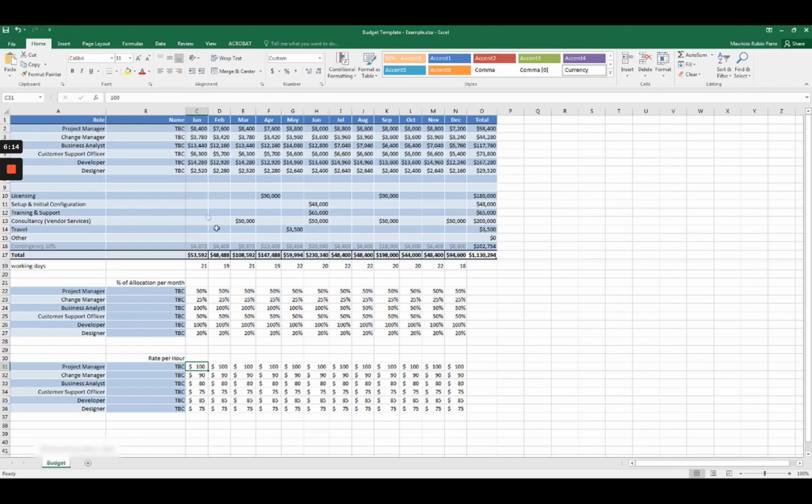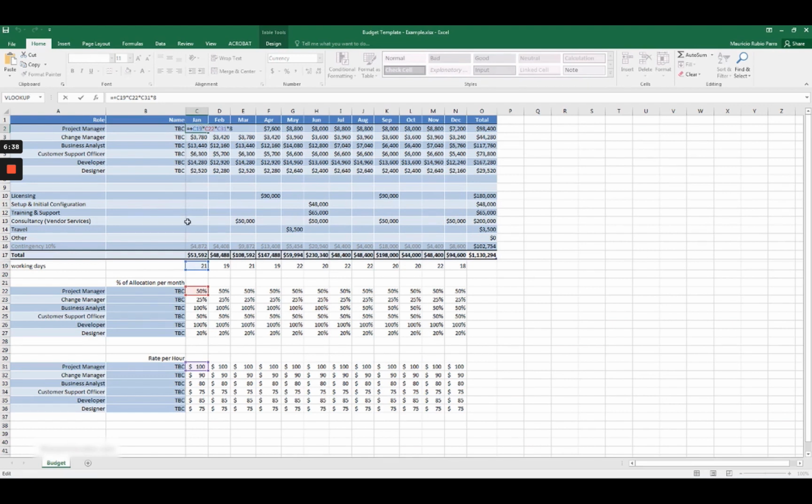So how do we get to this number, that we have to pay the project manager $8,400 in January and the change manager $3,000? Well, if I double click that in Excel, it's going to show you the formula. Let's look at the formula carefully.